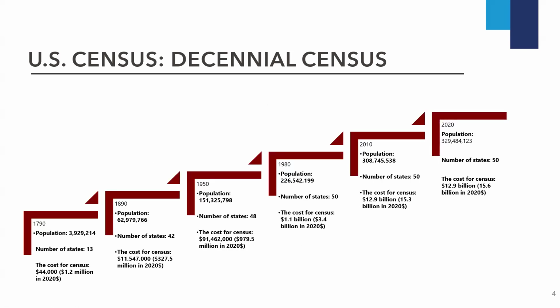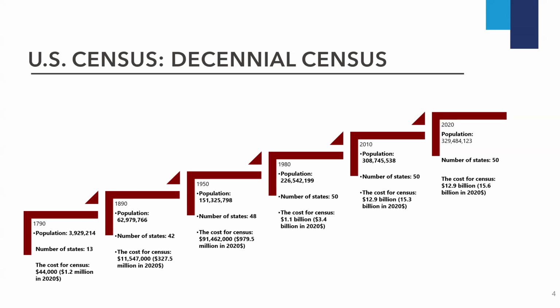Back in 1790, obviously the census was much easier to conduct because there were only about 4 million people and about 13 states. Now, it is important to think about what that was back in the day. The counting wasn't necessarily of everybody.